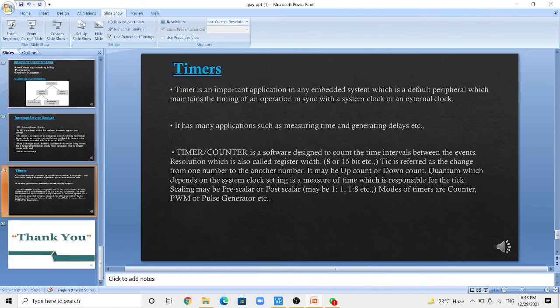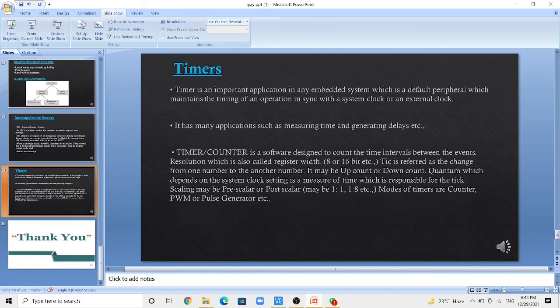It is used in many applications such as measuring time and generating delays. Timer or counter is designed to count the time intervals between events, and resolution is also called register width.